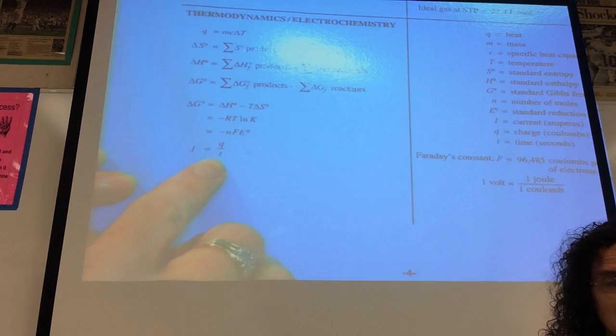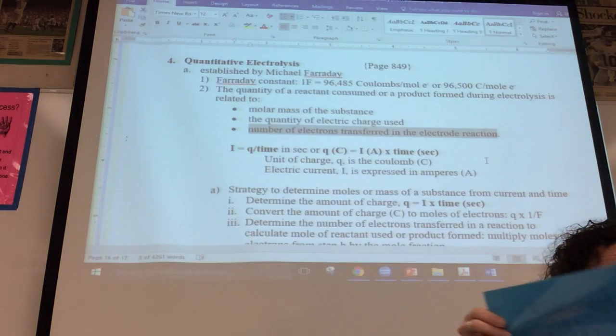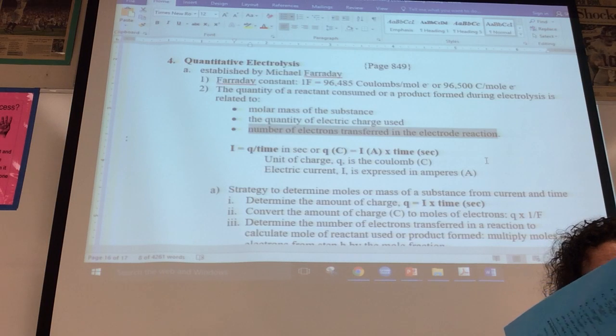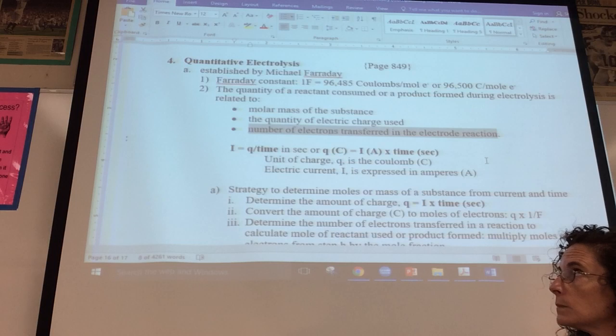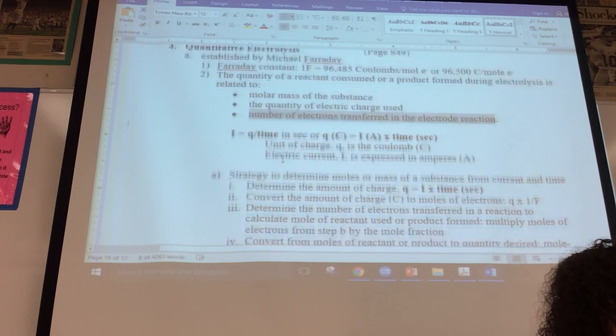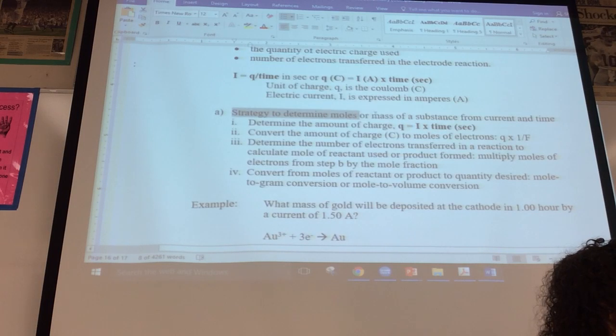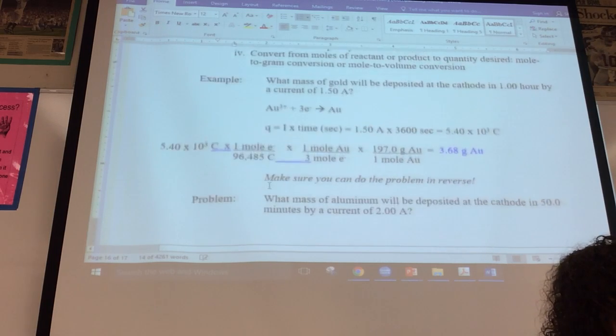Over the time in seconds. We're going to link this formula now to stoichiometry. There is a strategy to determine moles or mass, and that is indicated here. I think we're just going to let it rip, and you'll see it's very, very easy, but the steps are indicated at the top here.